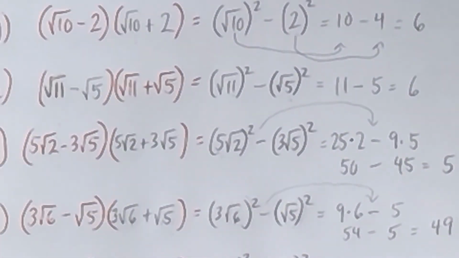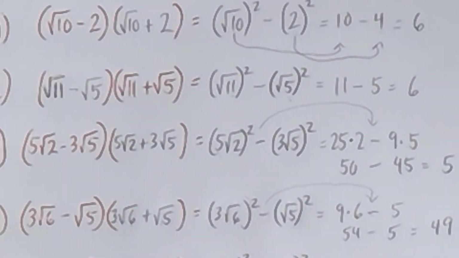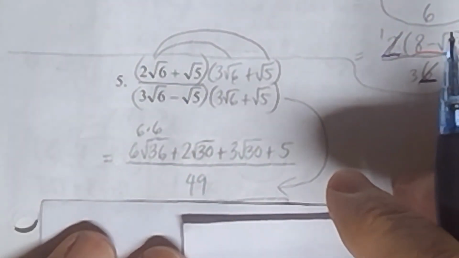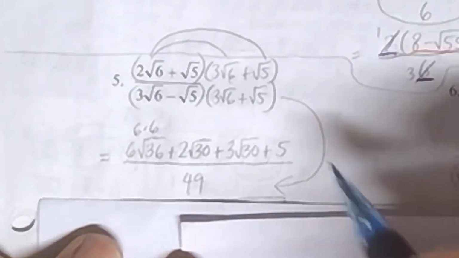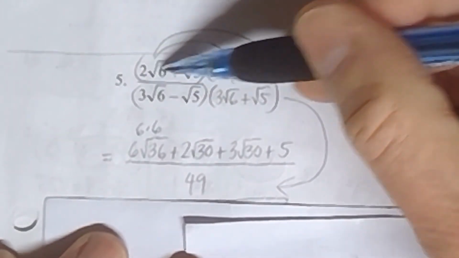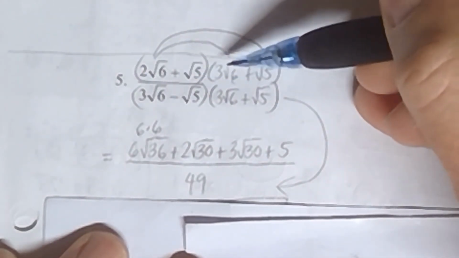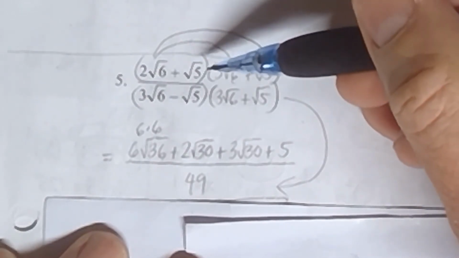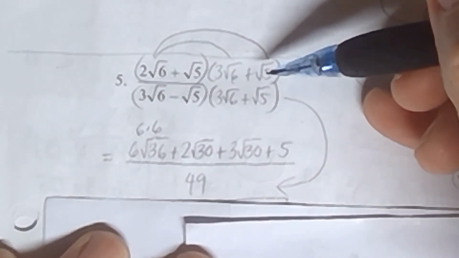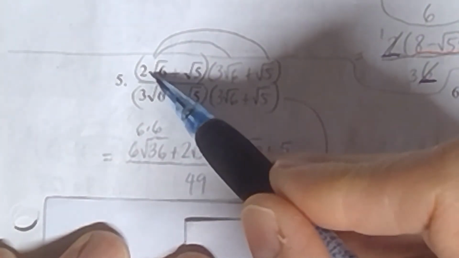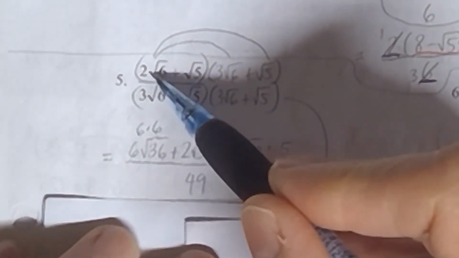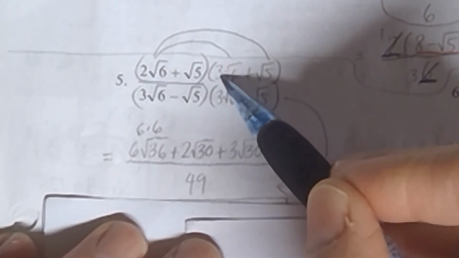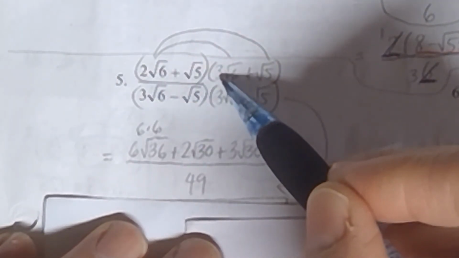Okay, so let's transfer all of that information back over to the current problem that we're looking at. You see we got 49 right there. Now how did I get this numerator here? Well, since you've got two terms in the numerator and two terms that you're multiplying by, that's the normal thing where you end up with 4 multiplications here. Let me talk about that. This first one here, remember, when you multiply a radical term times another radical term and they both have outside parts, what do you do?